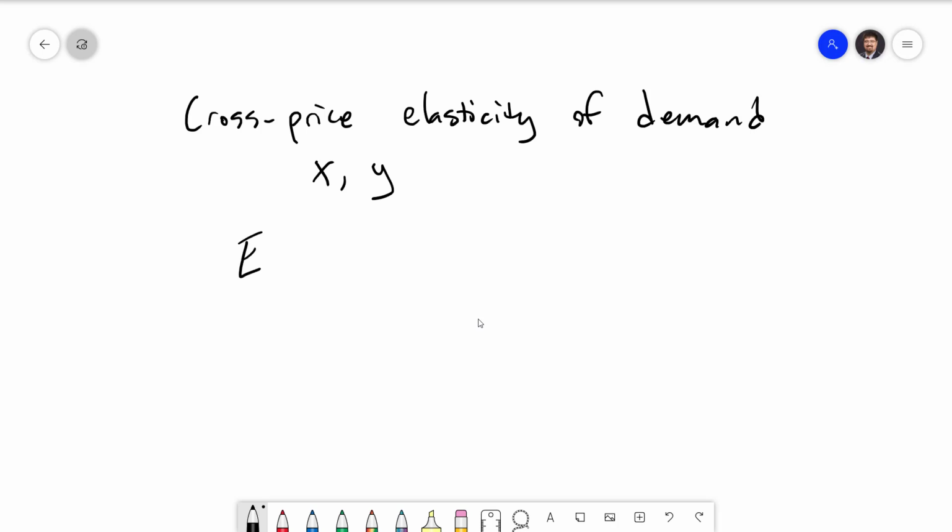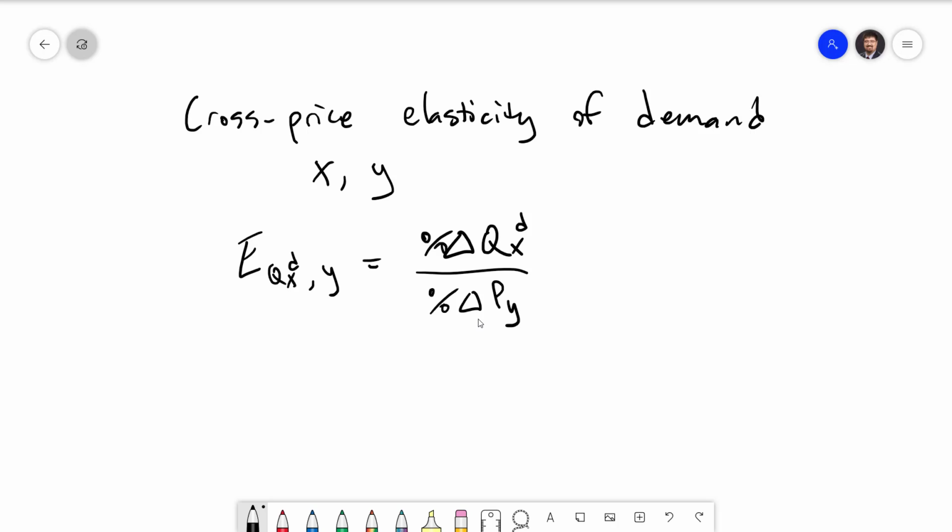Mathematically, we define the cross-price elasticity of demand as the percent change in the quantity of good X demanded divided by the percent change in the price of Y. This looks very similar to the own price elasticity, except we are looking at the price of Y instead of the price of X itself. Since we're looking at the relationship between the quantity demanded of one good with respect to a change in the price of a different good, the law of demand no longer applies here.